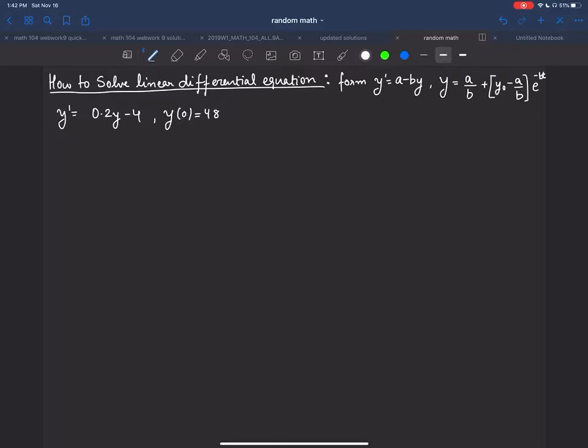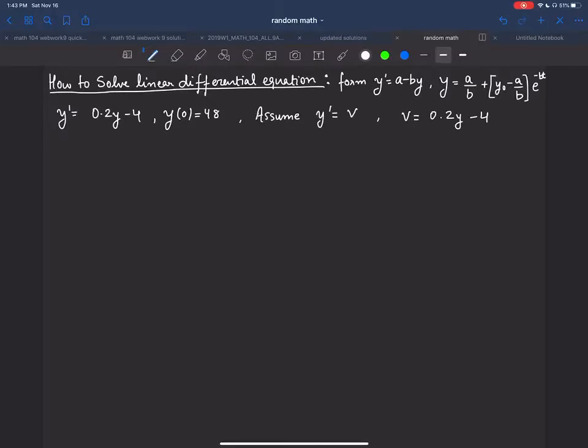The very first step in actually solving this differential equation is to assume your y prime to be something called v. So essentially, v is just 0.2y minus 4, because you just said that y prime is v.